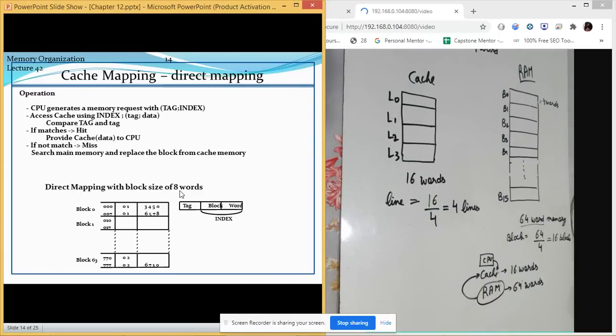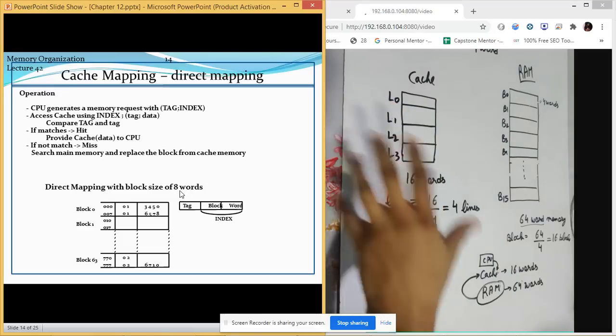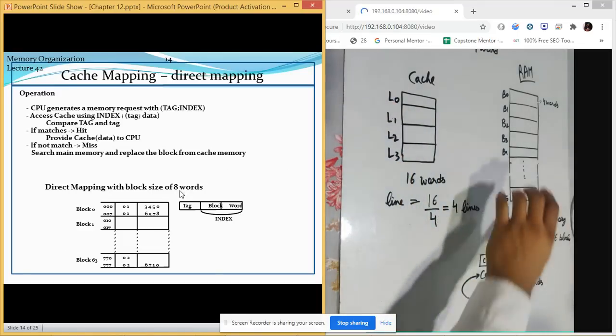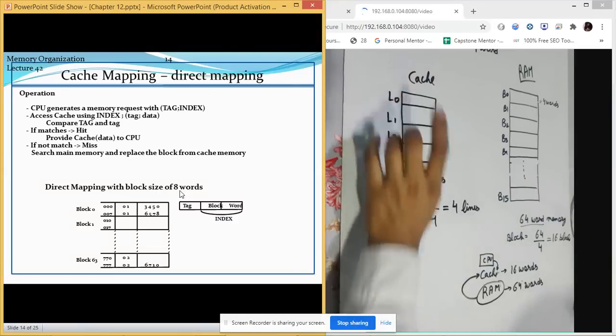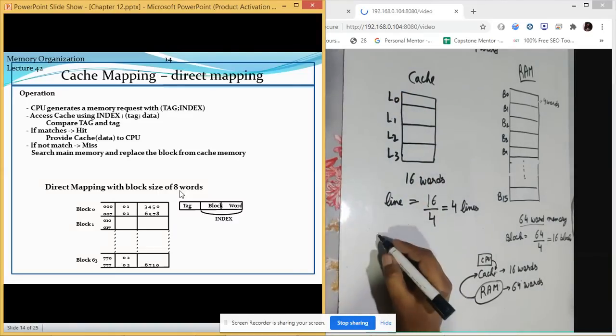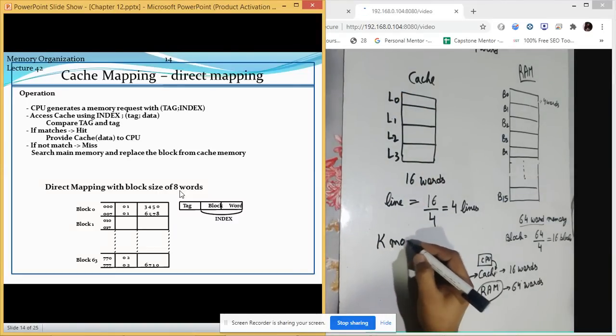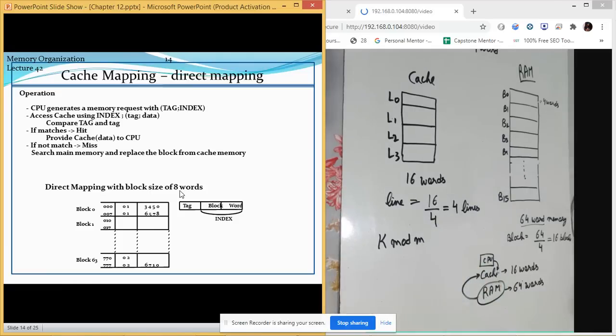To perform that, we have a scheme according to which we select the designated spaces inside the cache for a particular block of RAM which is going to be stored in the cache. Which is that formula? That is K mod M. This is the formula which we are going to use.